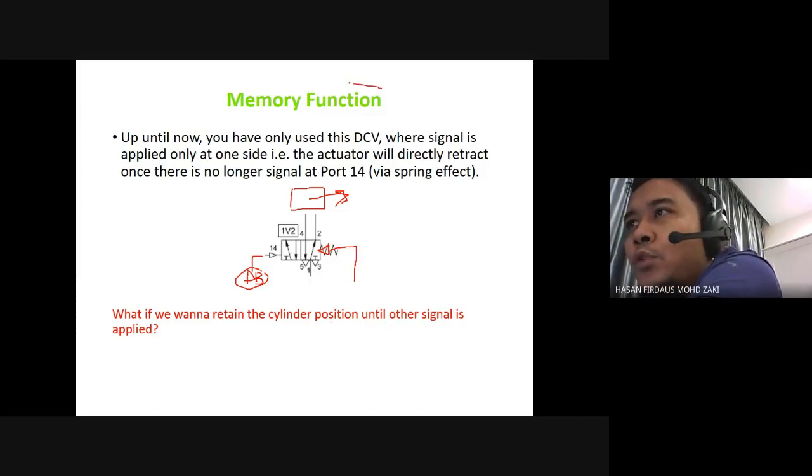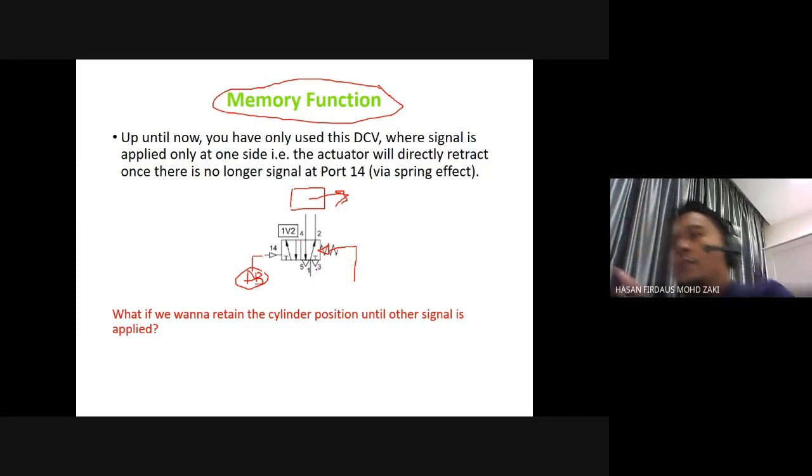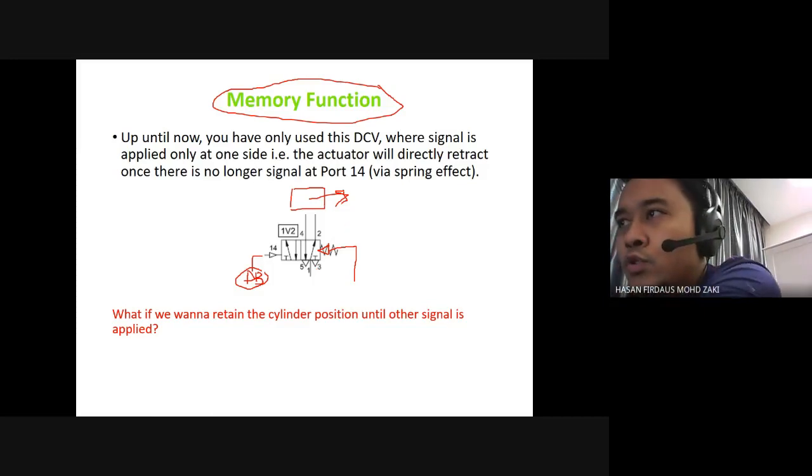That's where the memory function is very useful. Otherwise, if in this diagram we release the push button, the spring will return this valve into its initial position. We don't want that kind of application. We want this cylinder to retain the advanced position unless we have the other signal from the other direction.